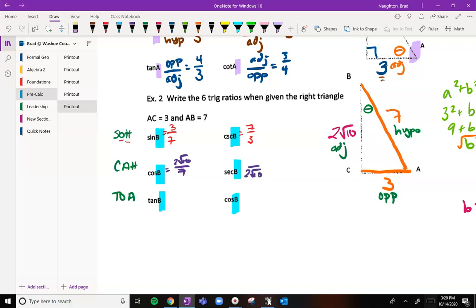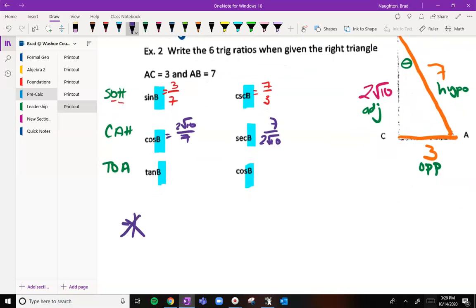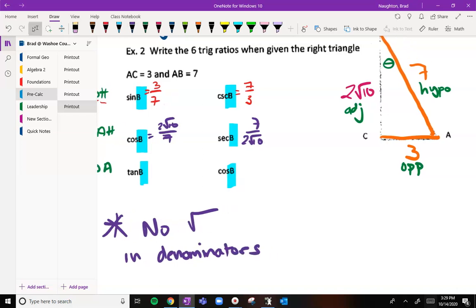Warning! Warning! Danger, Will Robinson! Danger! Let's put a little reminder down here. There's no radicals in your denominators. I always tell my freshmen when we're doing this, fractions come from dividing. If you have a square root in your denominator, you're putting into groups of decimals. And if you had 10 puppies, why would you put them in a decimal group?